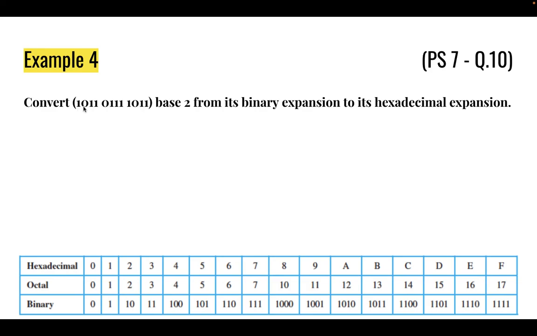Here we have 1011. Let's look up 1011 in the binary row, and it's represented as B in the hexadecimal row. Then we have 0111. Here you can ignore the 0 and just look for 111 in binary, and the hexadecimal representation is 7.